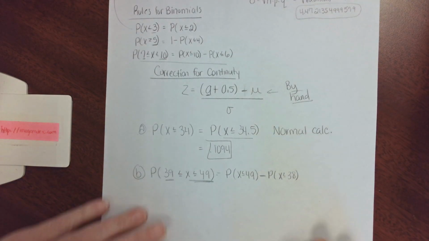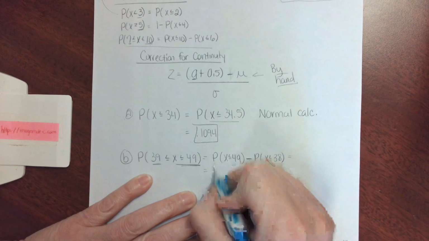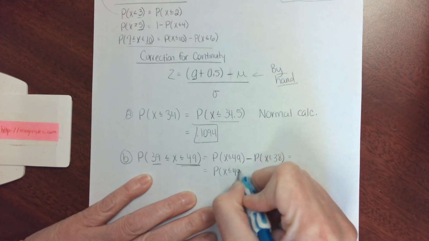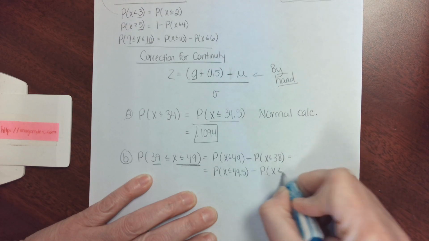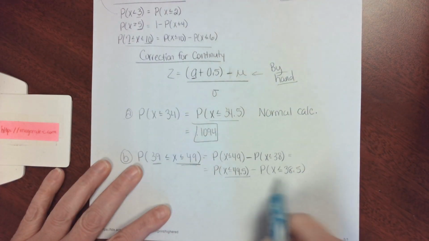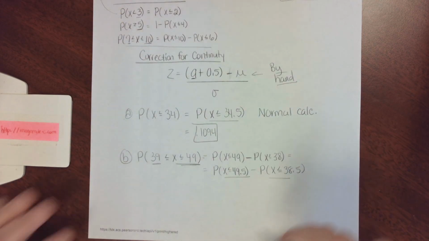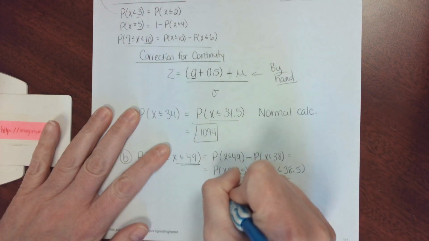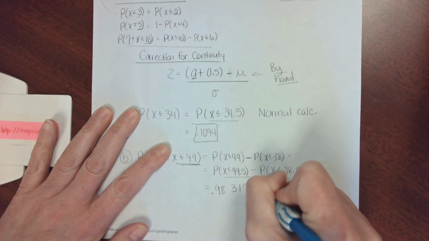So then we go one step further here. We have to remember that correction for continuity. X is less than equal to 49.5 minus the probability that x is less than equal 38.5. And these are the pieces I'm going to put into StatCrunch. So I'm doing 49.5, and I'm getting 0.98317242.